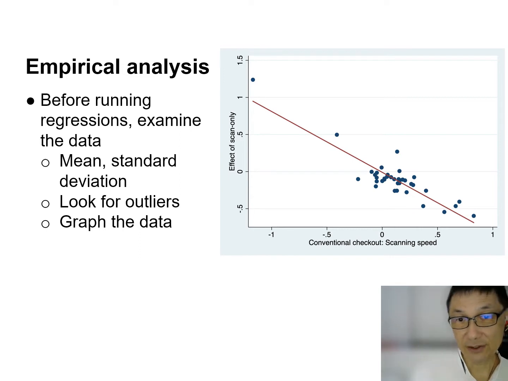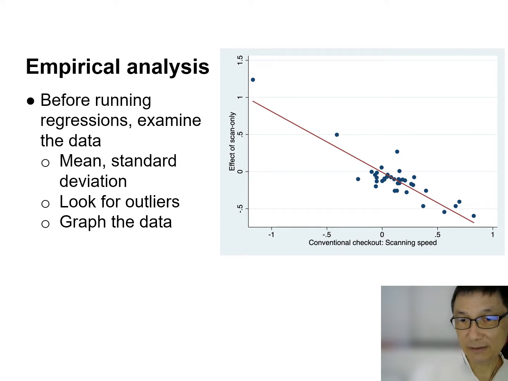So here I've shown you a graph of the effect of a new scan-only checkout system in a supermarket relative to the cashier's scanning speed in the conventional checkout method where the cashier both did scanning and collected payments. And you can see that generally there's a negative relationship.